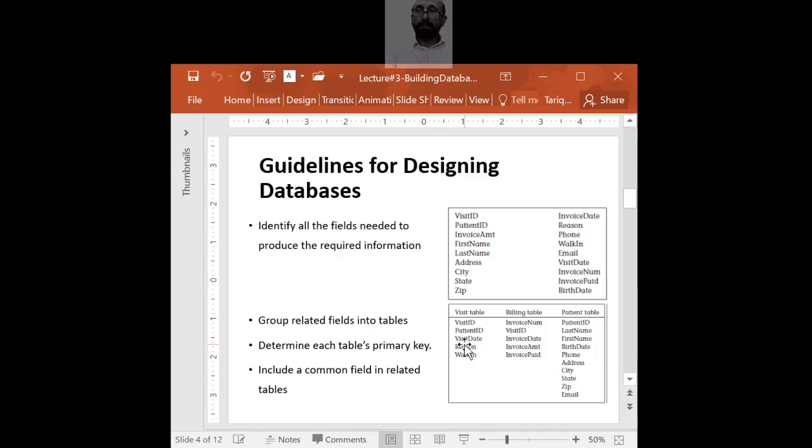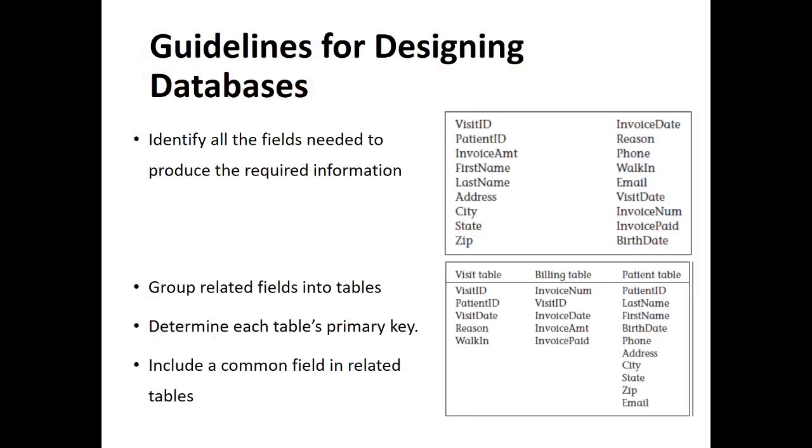Let me make it a bigger size. Okay, now in the visit table, we will add the patient ID. So this will make a common field between the two tables.